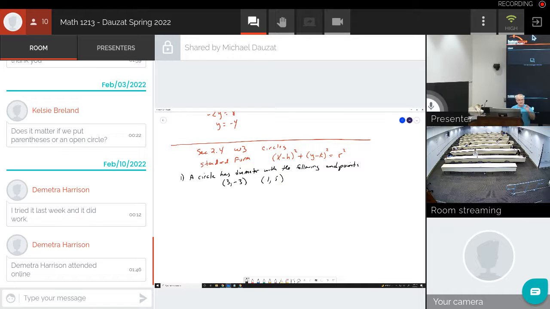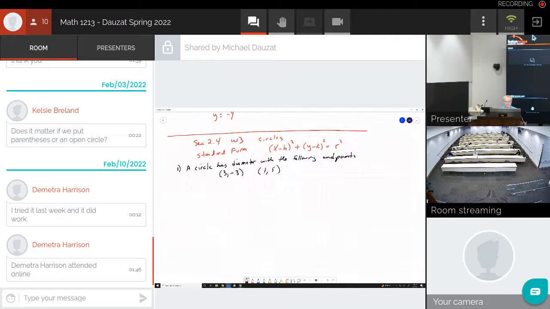Now, sometimes it helps if you visualize in your mind what this looks like. So if you were to put this in a coordinate plane, (3, -3) is right here, and (1, 5) is right here.